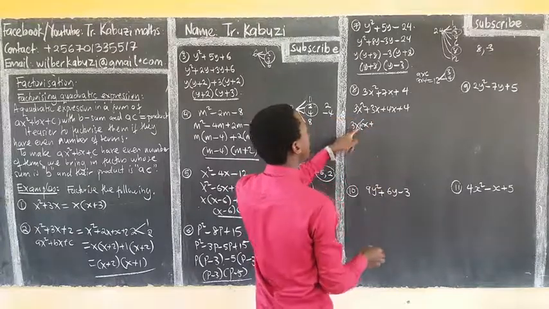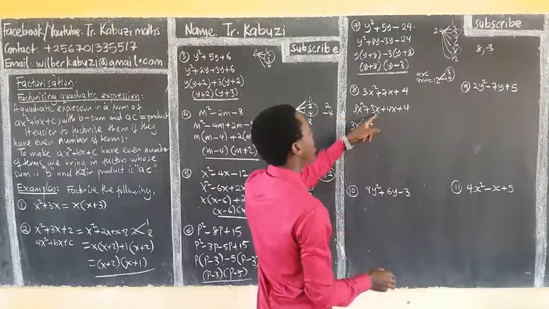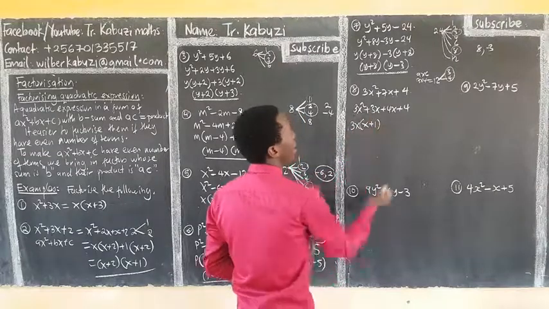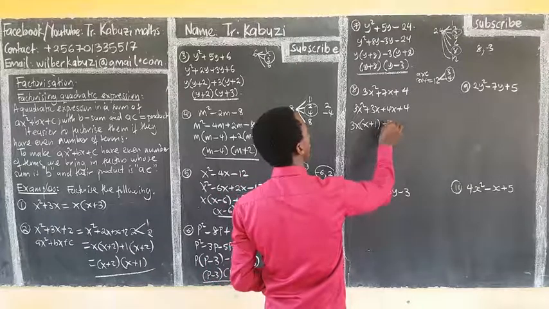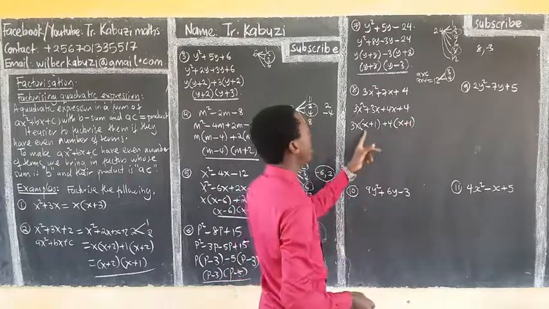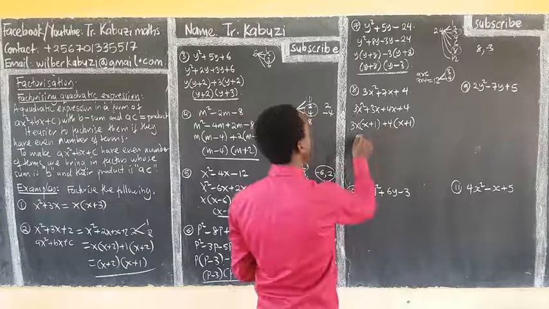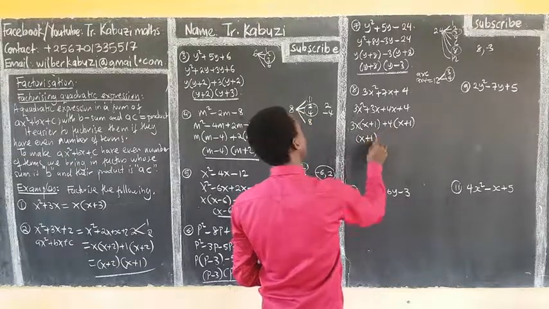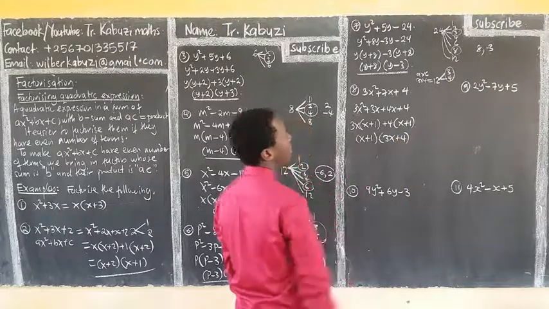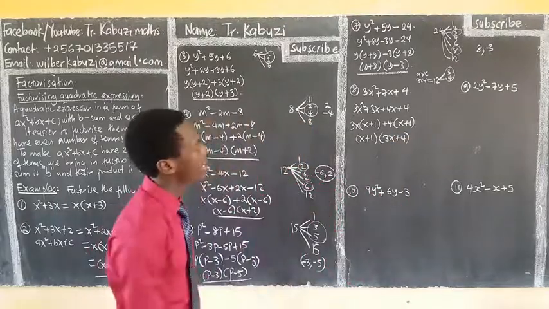Now, if I move 3x here, get 3x divided here, I will be having 1. Multiply this and this will go back there. What is common here is only 4. 4 into x plus 1. Then you see this and this are common. Then into 3x plus 4. And you are through with that. Just like that.